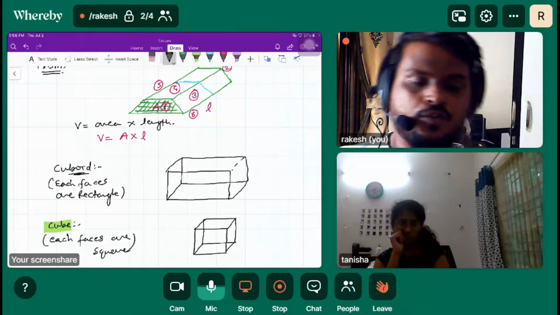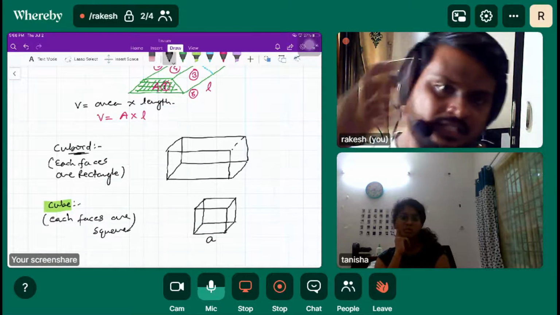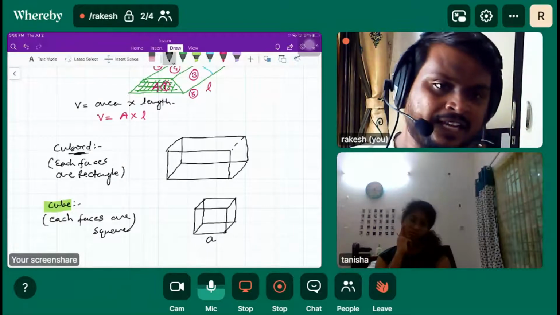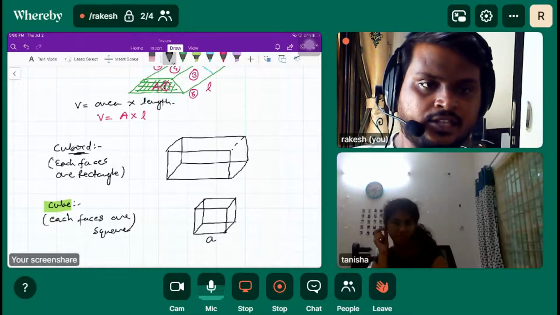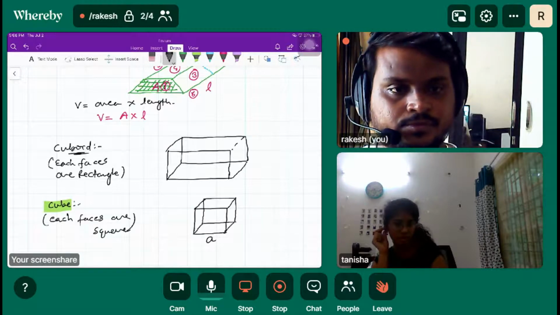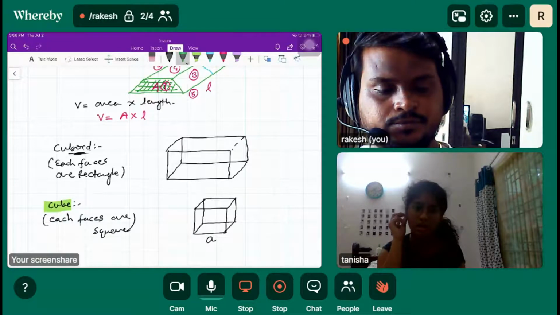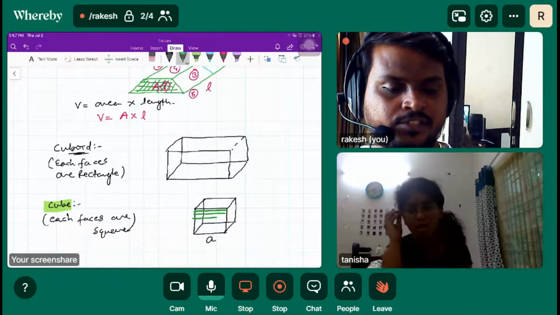If in case of a cube, the edge of this object has length a, small a, then what would be the volume of this cube? Yeah, a cube.